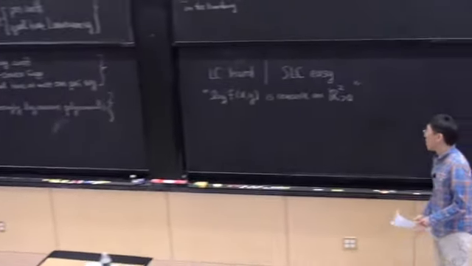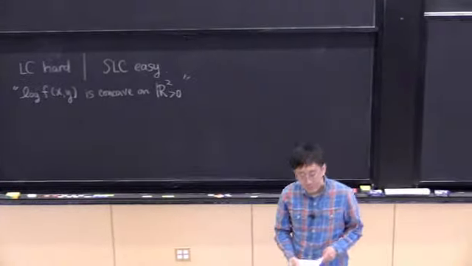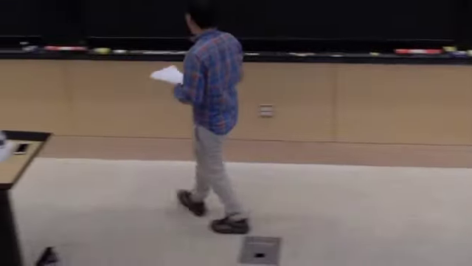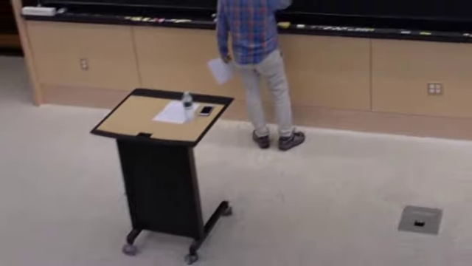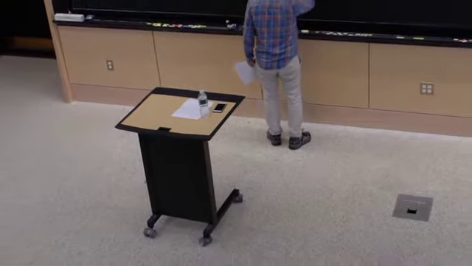The logarithm of my homogeneous polynomial, maybe it has two variables, f(x, y), is concave on the positive orthant. I mean, it may be true or not true, depending on what your f is. So maybe my f is this polynomial.